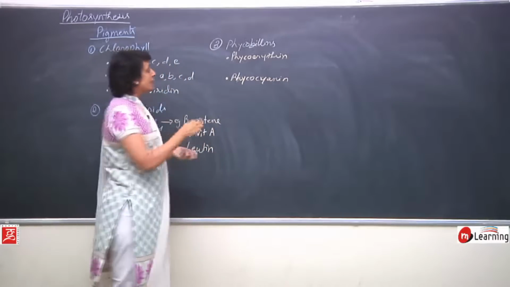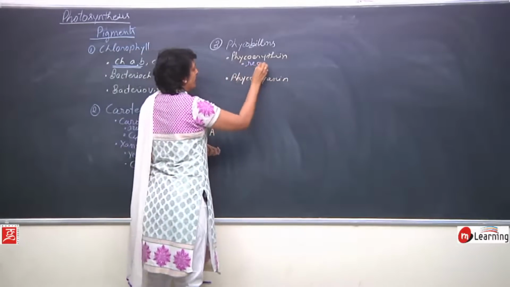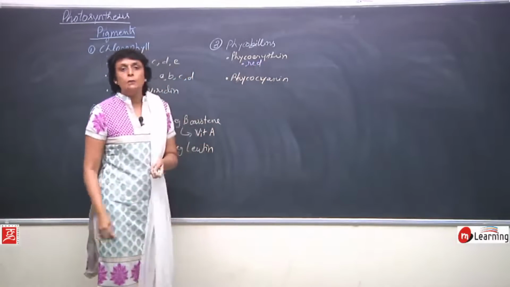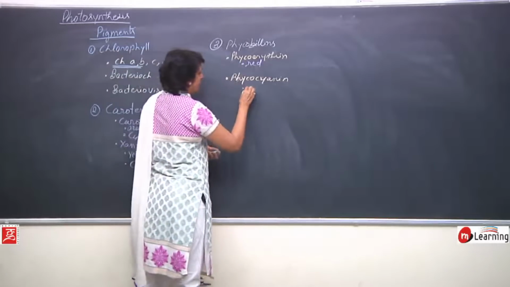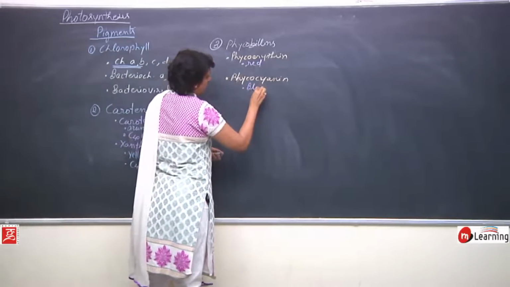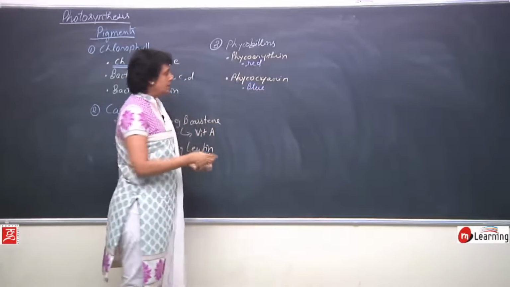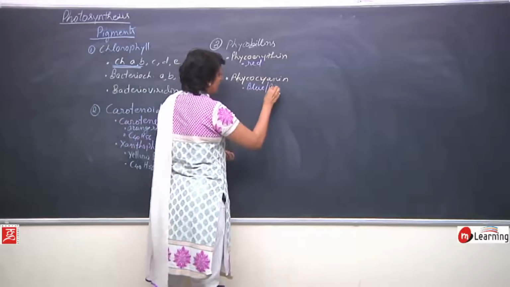Phycoerythrins are red colored pigments and phycocyanin are bluish purple pigments, or they are sometimes also written as blue pigments, but they are bluish purple, blue purple.